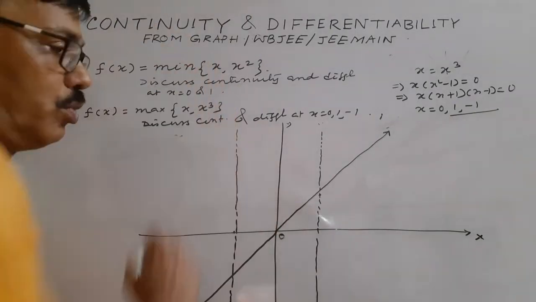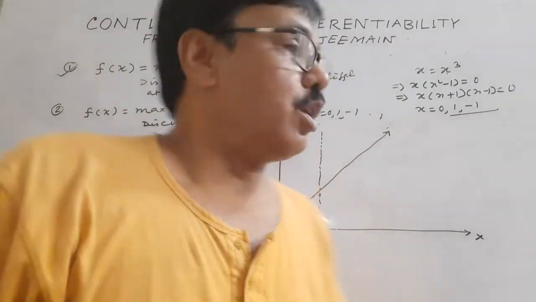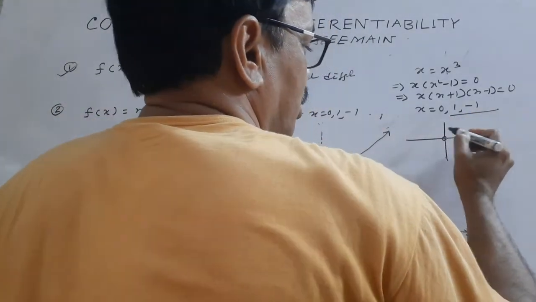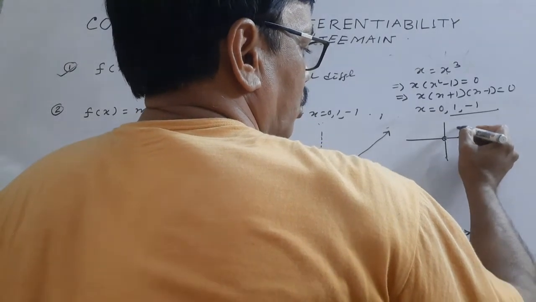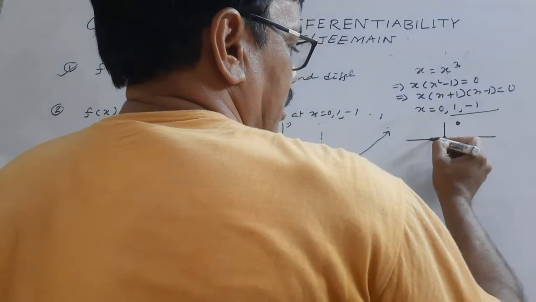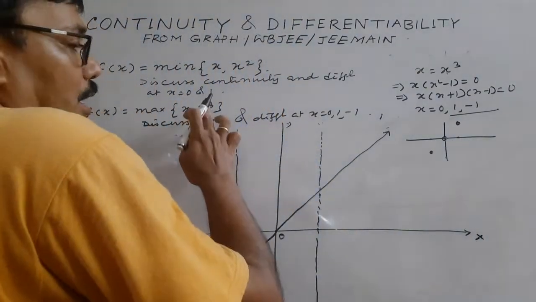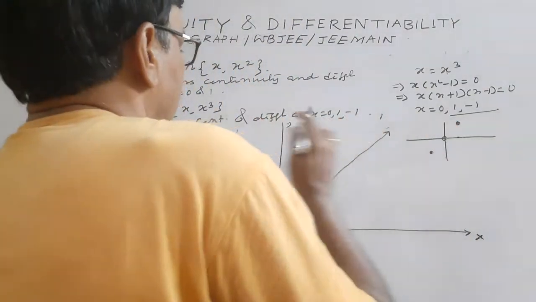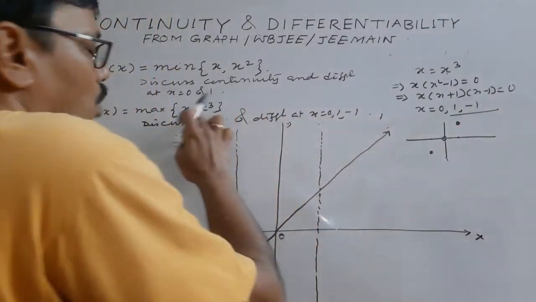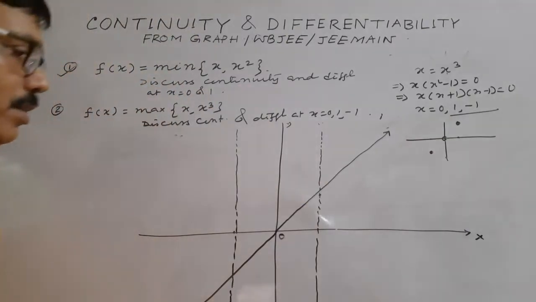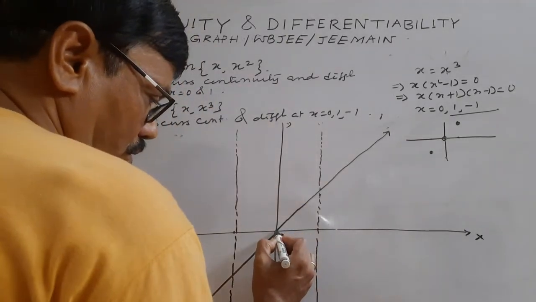Now y equals x cube. At x equals 0, it is 0. At x equals 1, it is 1. At x equals minus 1, it is minus 1. Then from 0 to 1, at x equals 0, it is 0.